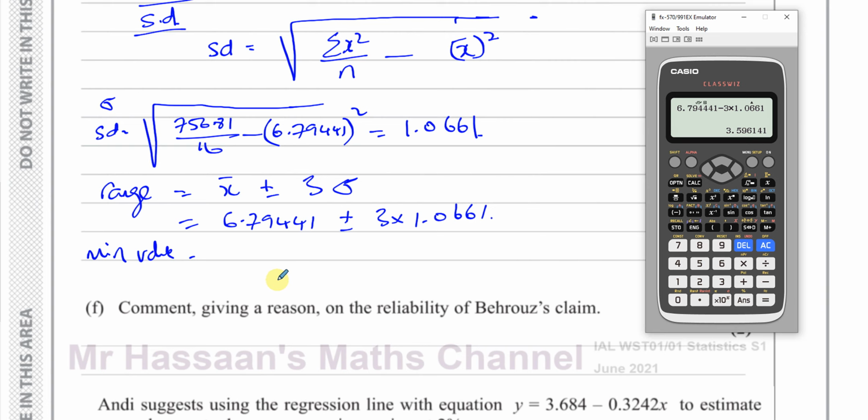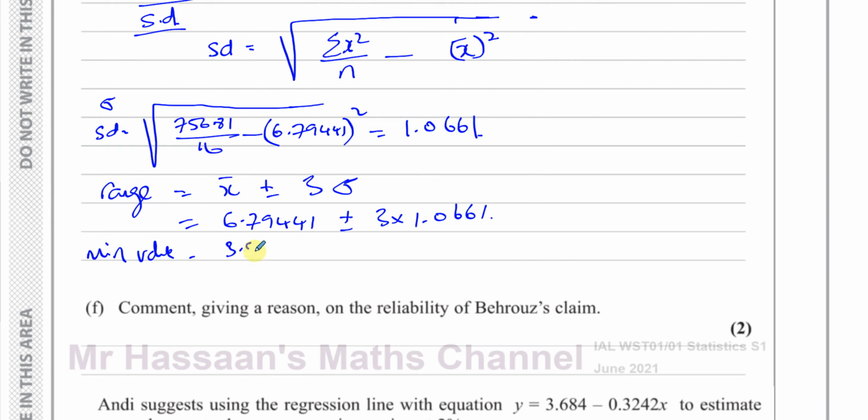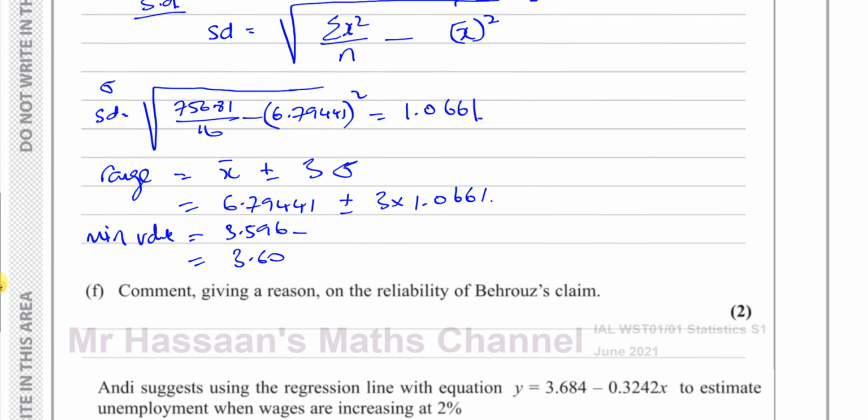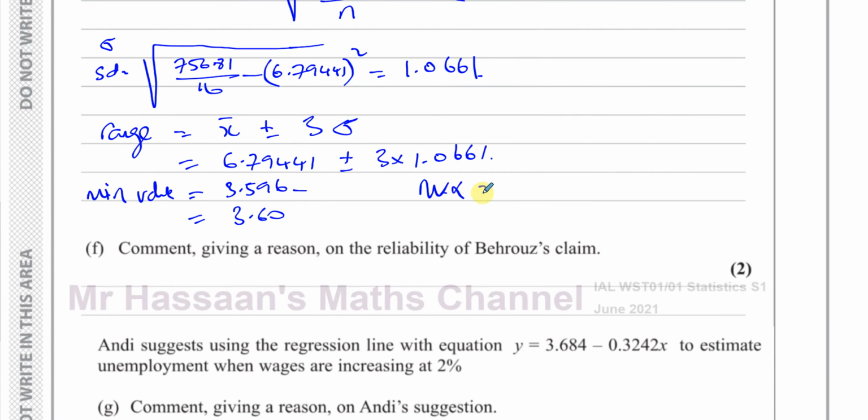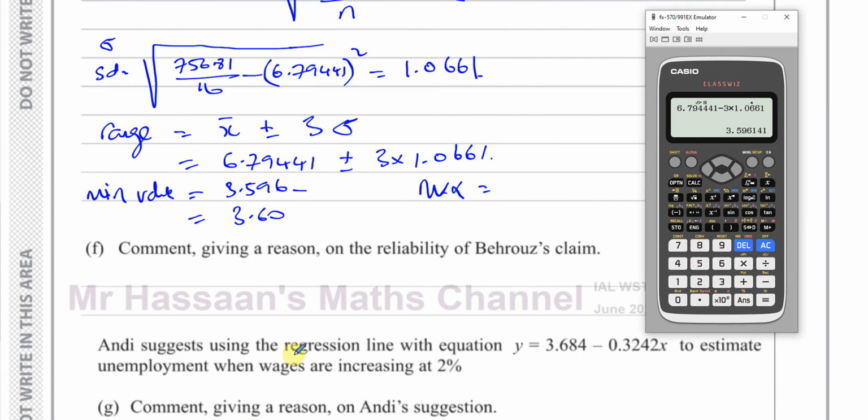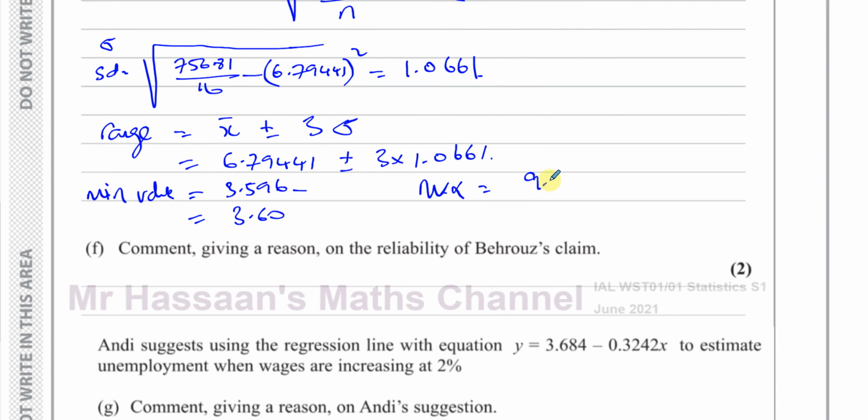That gives you 3.596, which is 3.60 to 3 significant figures. And then the maximum value is going to be when you add. So I can just go back here and change that minus to a plus. That gives us 9.992, which is 9.99. So that's a minimum value and that's a maximum value, and that's part E done.